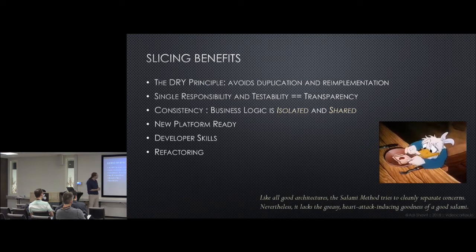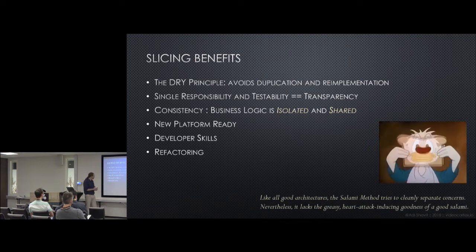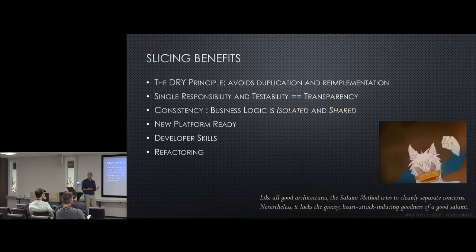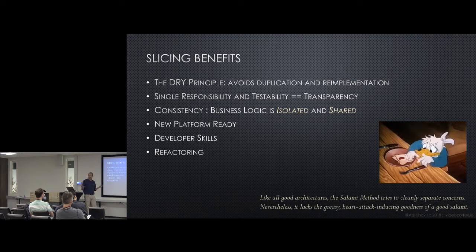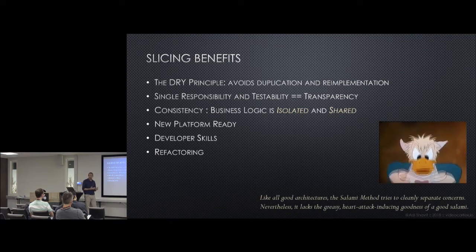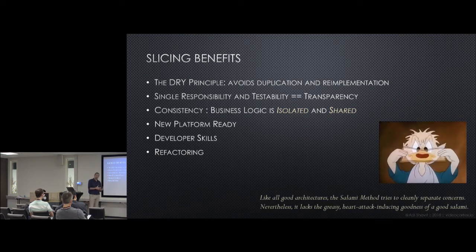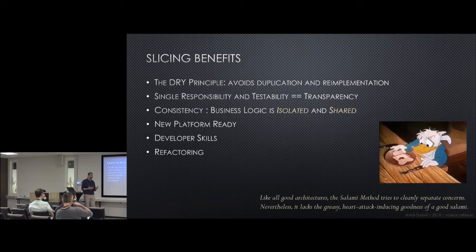So the benefits that we're getting, and I'm running through because we don't have a lot of time, is the first and foremost is the DRY principle. Have you heard about the DRY principle? Don't repeat yourself. So we're going to try and keep the most common stuff common to all our system. So that includes things like business logic.